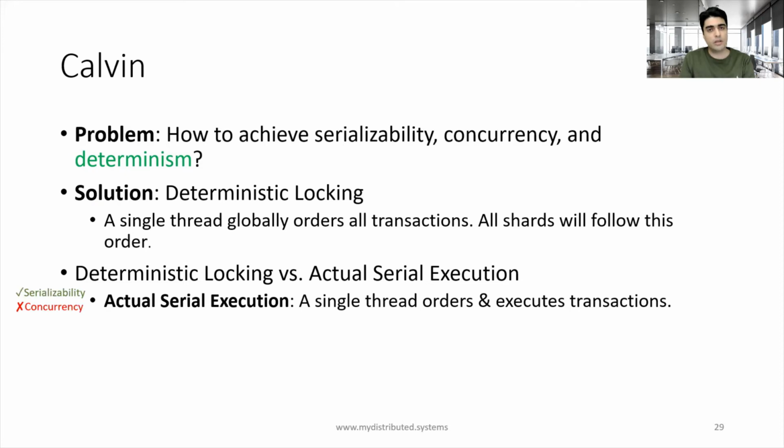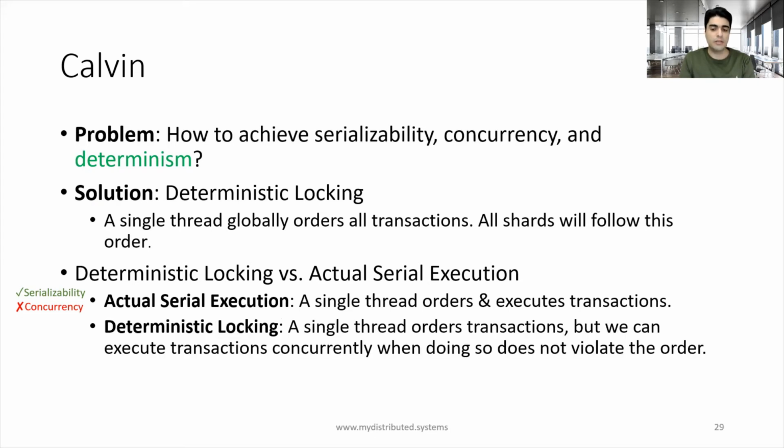So we have serializability, but we don't have concurrency. But with deterministic locking, a single thread orders transactions, but we can execute transactions concurrently when doing so does not violate the order. So we have serializability, and we also have concurrency.